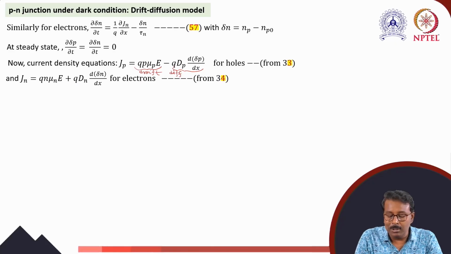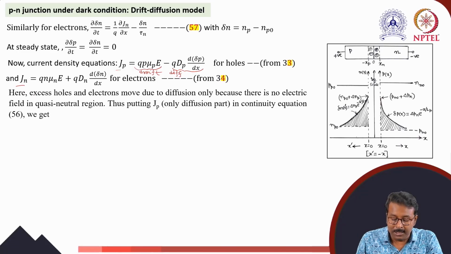But in case of holes, this is a positive charge, so this remains positive itself. So both negatives, and then again it becomes positive due to the q value. Ultimately Jn and Jp will be in the same direction. Be careful about this: in any device, the currents Jp and Jn are in the same direction.